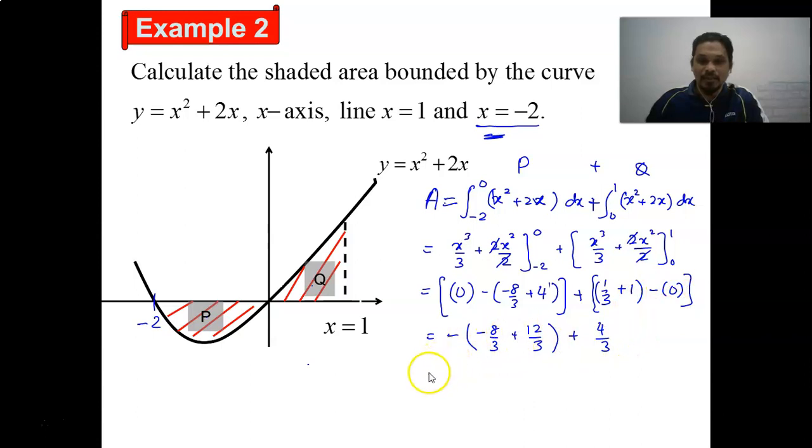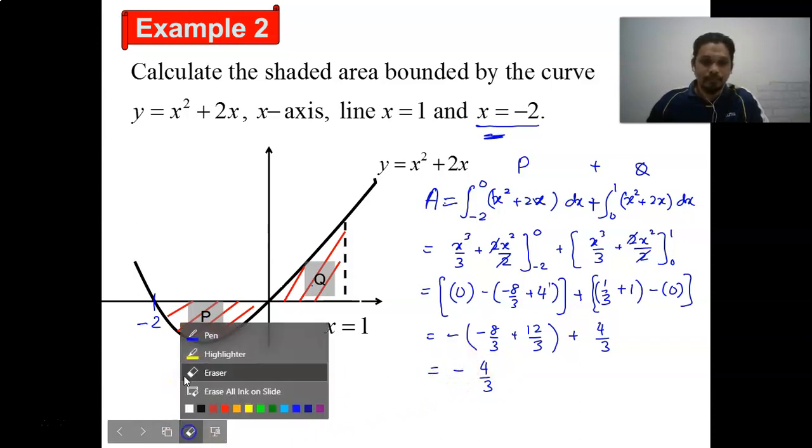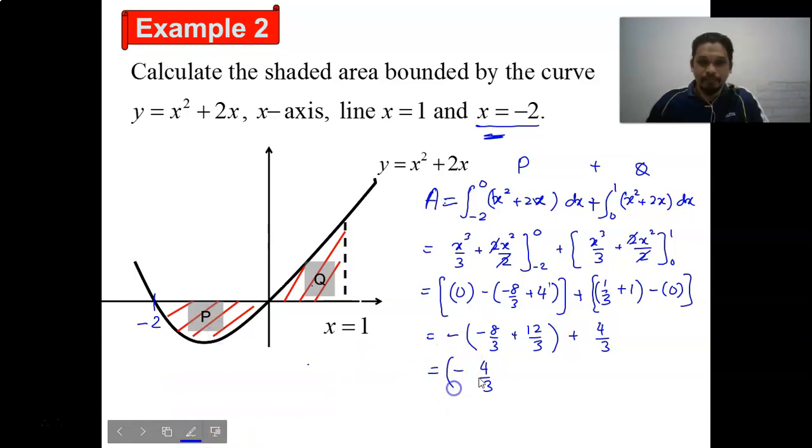Okay, look at this one here now. -8 plus 12, -8 plus 12 is 4, right? So 4/3, plus 4/3.